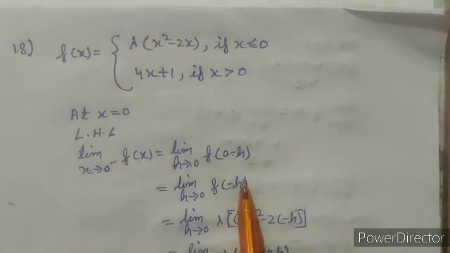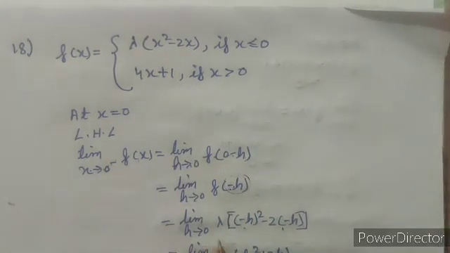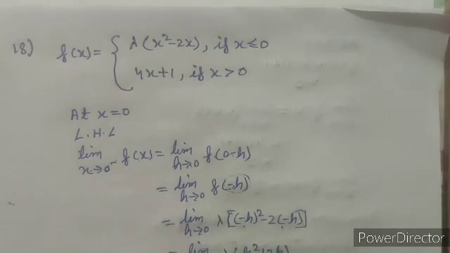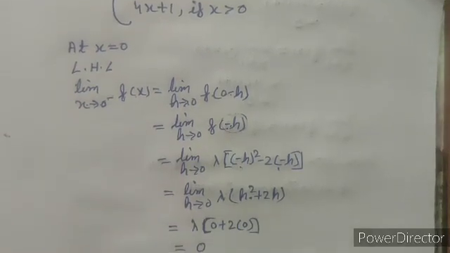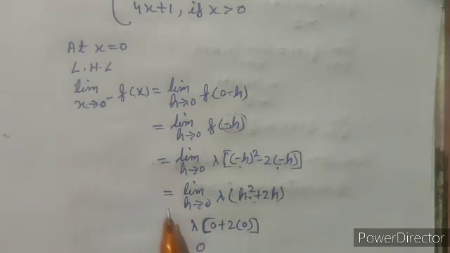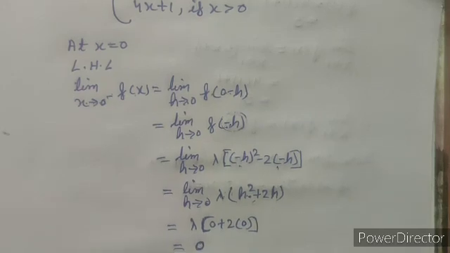In place of x, we will take minus h, and this is giving us lambda into h square plus 2h. On putting the value of h as 0, we are getting the left hand limit of the function at x equal to 0 as 0.